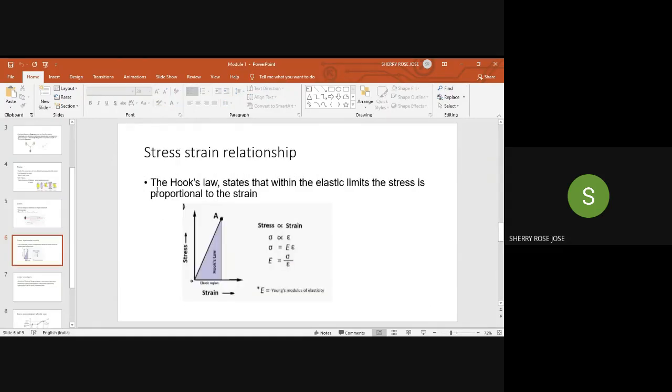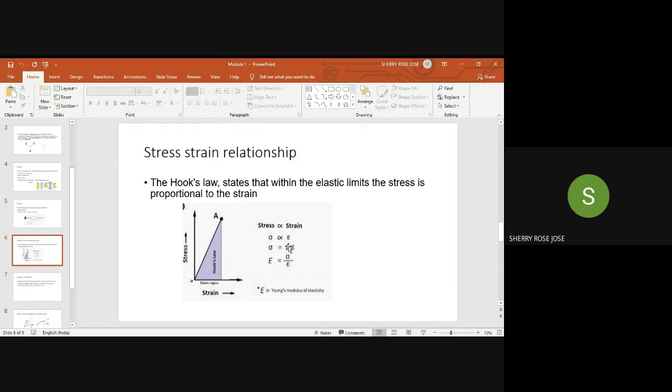Now, next we are moving on to the stress-strain relationship. The stress-strain relationship is depicted by Hooke's law. Hooke's law states that within the elastic limit of a body, stress is directly proportional to strain. So sigma is directly proportional to epsilon.